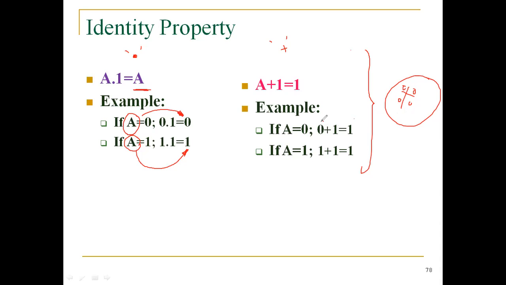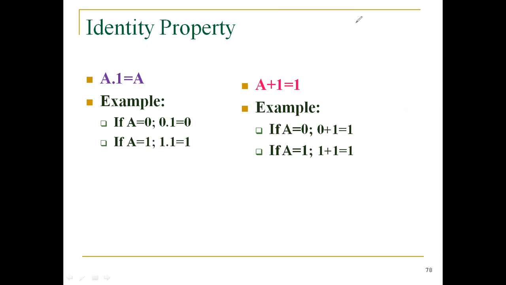It means that whatever variable I assume in a for the plus operator, the result is equal to 1. Anything logically added with 1, the result is equal to 1. This is a very, very important property, that is called identity property.